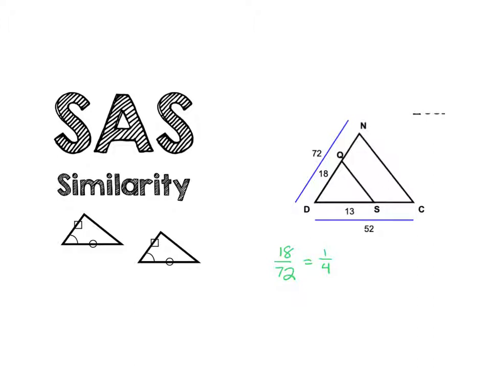So this is a proportion of 1/4, and we want to see if the other side is also a proportion of 1/4. So 13 over 52, which is also 1/4. So I know that these two sides are proportional. And then this angle in between, angle D, is included and has to be congruent because it's shared by both triangles. So that would be side angle side similarity.